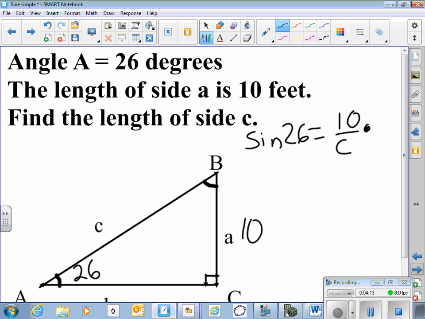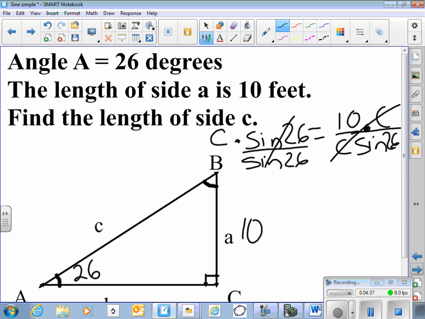Let's get it out of the denominator. The opposite of dividing is multiplying. So now we have C times the sine of 26 equals 10. Well, the opposite of multiply is divide. So 10 divided by the sine of 26 is equal to C.